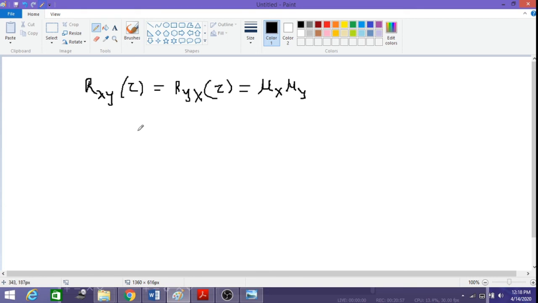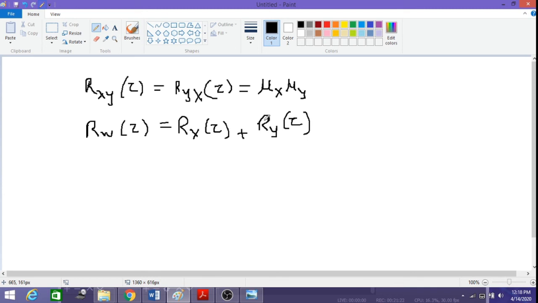If we look into the previous equation, if one of the means is equal to 0, then finally we will get this as Rx of tau plus Ry of tau. So this is the addition of two random processes.